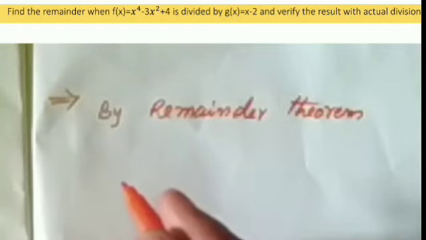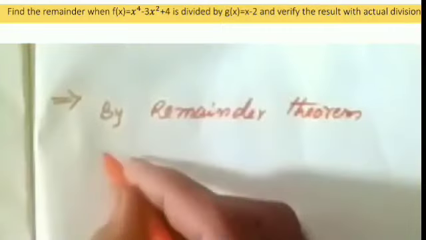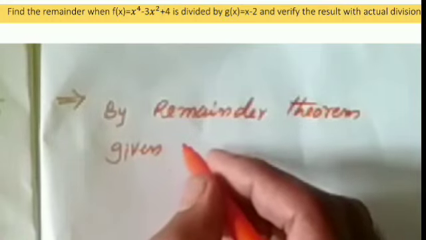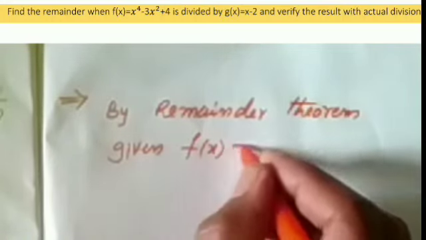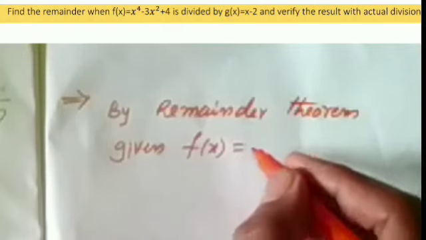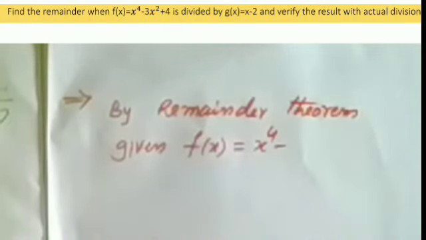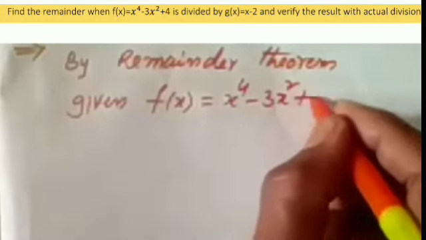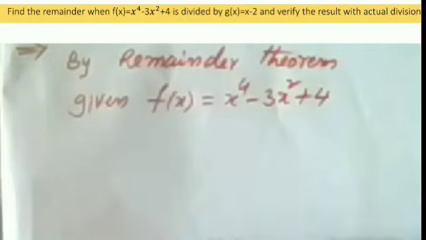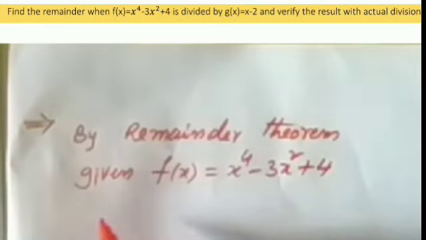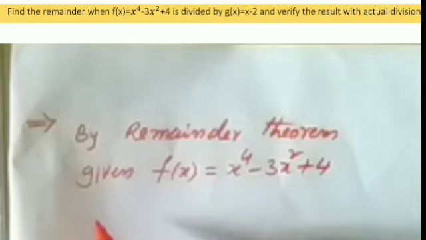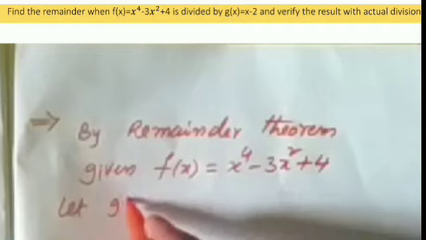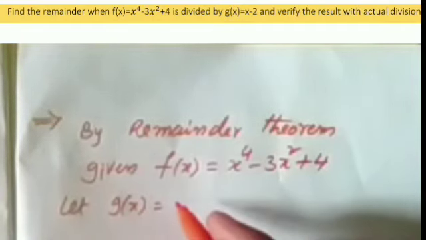So first I write the dividend f of x equals x power 4 minus 3x square plus 4. What is the divisor? It is g of x, so g of x equals x minus 2.